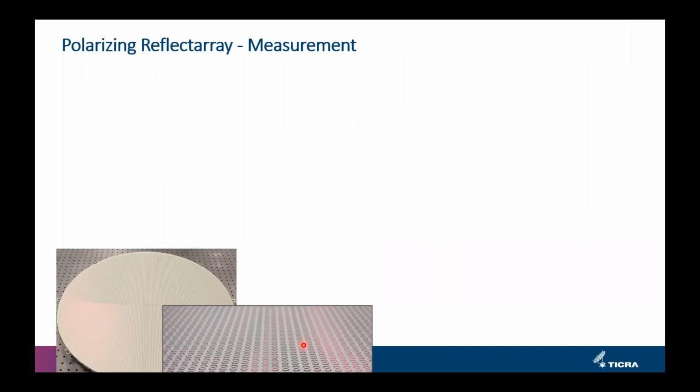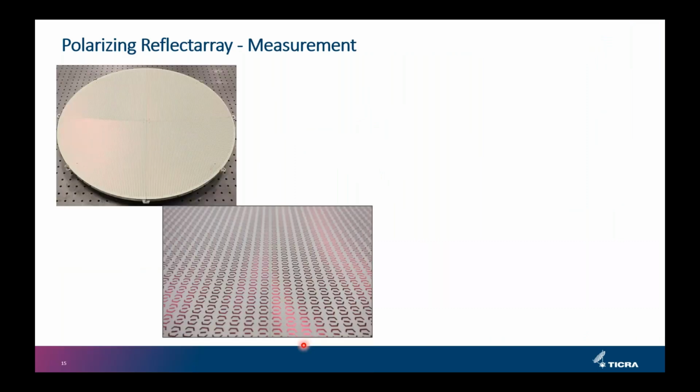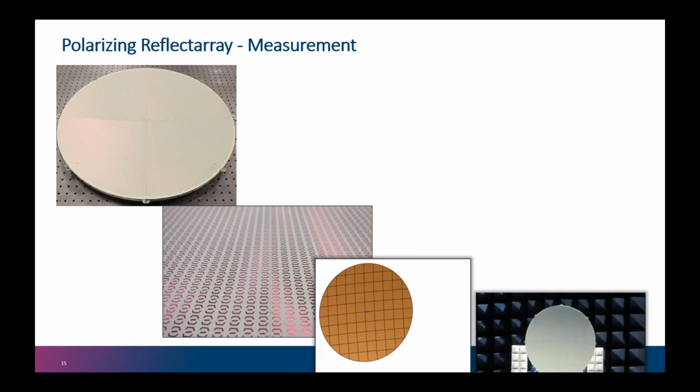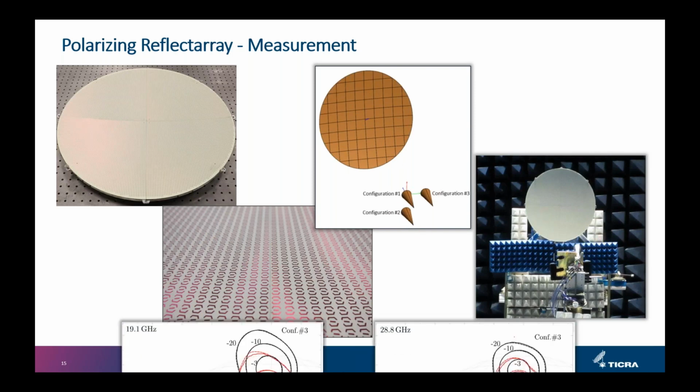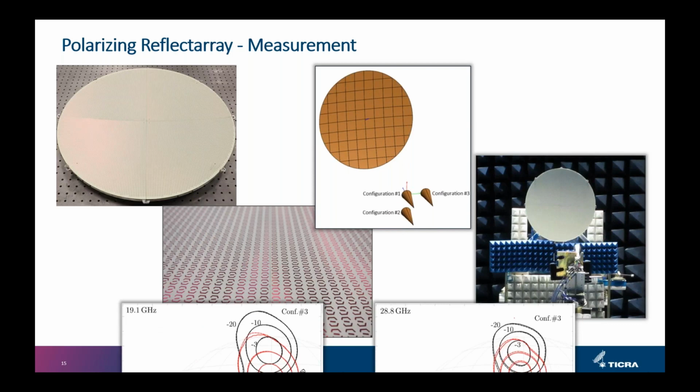And we then built a model of this, a breadboard model. So this is the full reflector. This is a close-up of the surface where you can see the elements. This is the measurement setup. So we have one in the center, one displaced to the right, one displaced down here. This is a photo of the setup. And we can see that there is a very good fit.